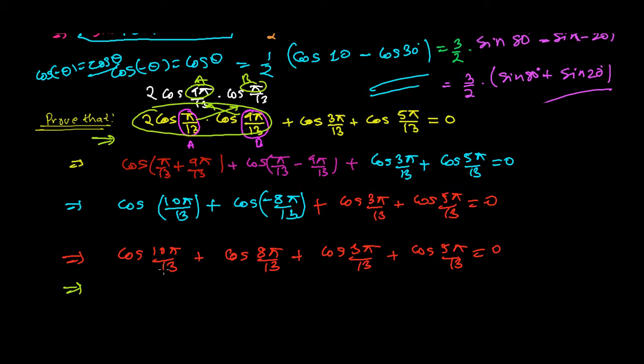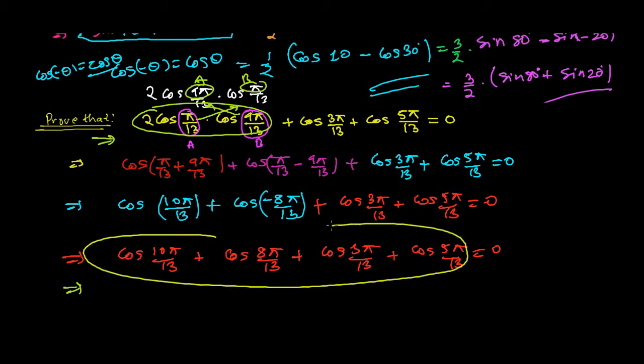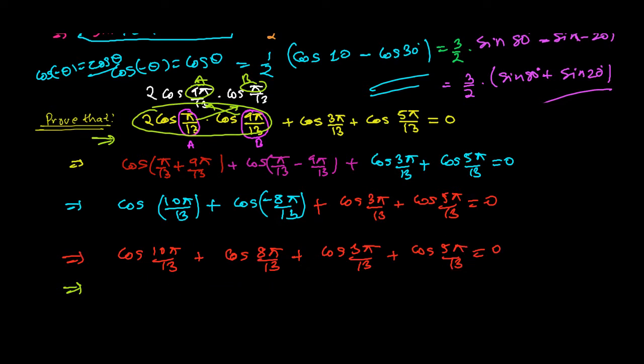Now we need to turn this whole thing into 0, because our right hand side is 0. To do that, we need to see some trick hidden here. We have cos 10 pi by 13, cos 8 pi by 13, cos 3 pi by 13.